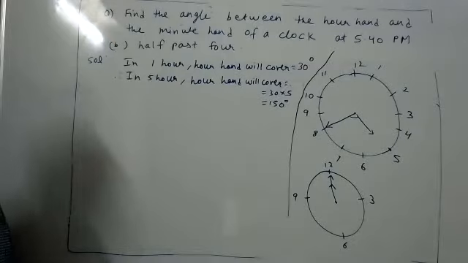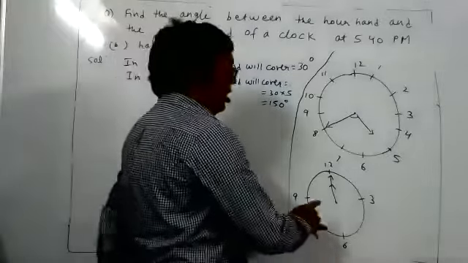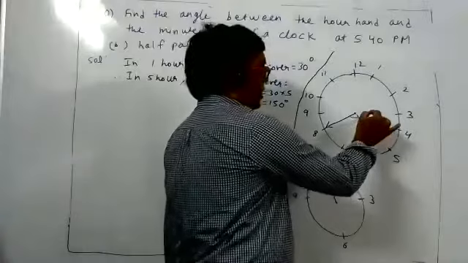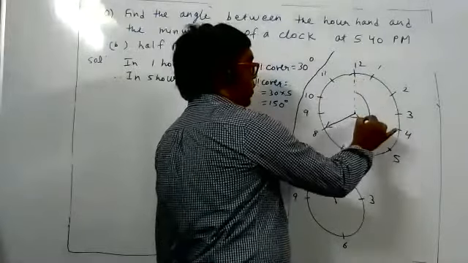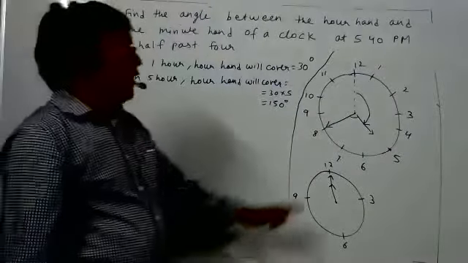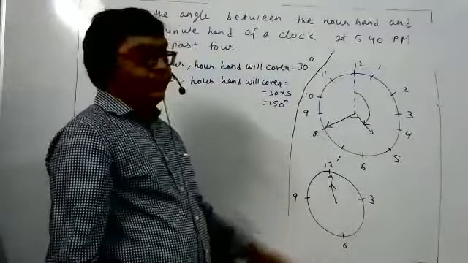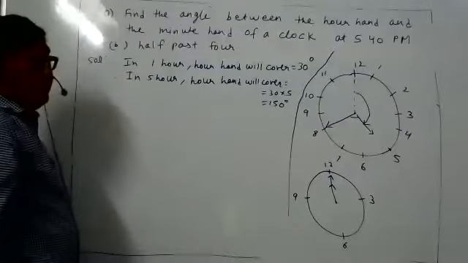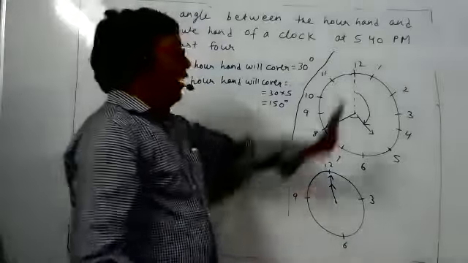Suppose our hand has covered 150 degrees and reached here. From this position, it has reached here by covering 150. Now the minute hand has to reach from where to where? From 12 to 8, that is 40. The minute hand has to cover 40 minutes.